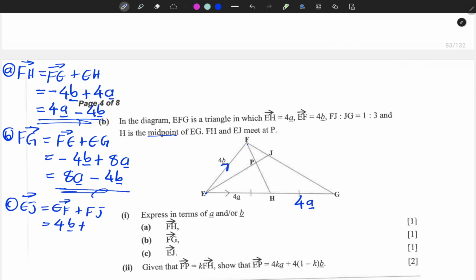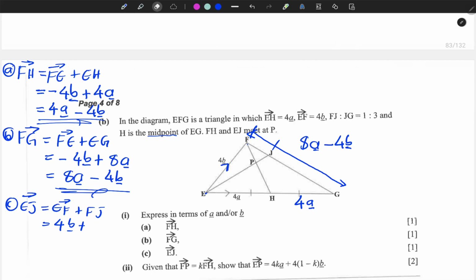Now FJ is just this portion here. Remember, the vector that we have is this vector from here up to here. So FG, we have it is 8a minus 4b. Now from this part, we just need like a quarter of this one. Now this is where the ratio comes into play.